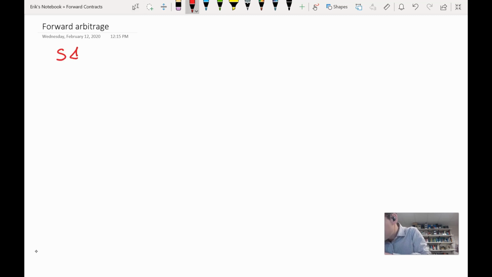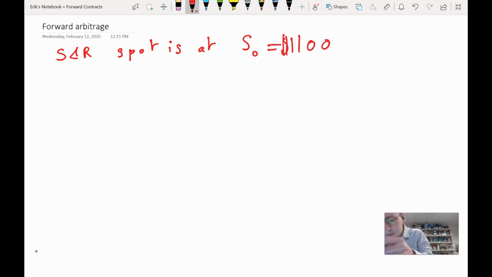Okay, so we're going to get started with some very simple premises where we have the S and R, which is a slightly different contract than the S&P, I guess. Spot rate is at $1,100. Then we are also told that the interest rate is at 5%.